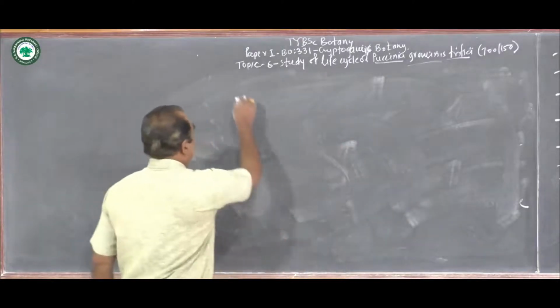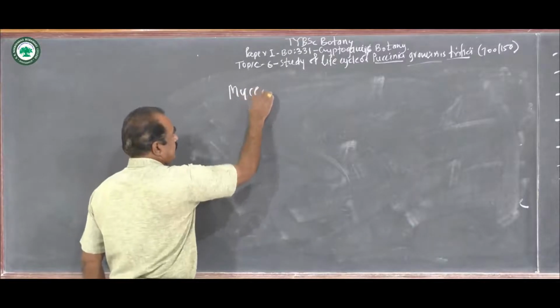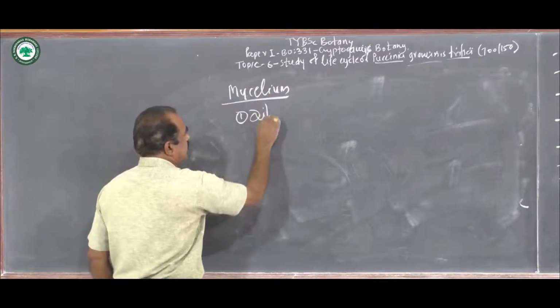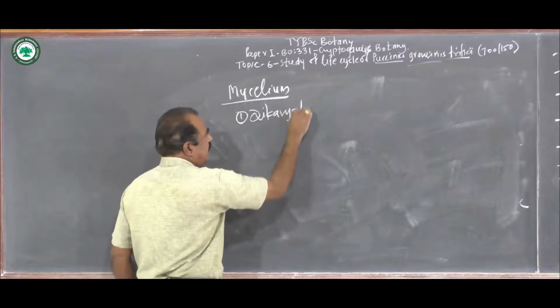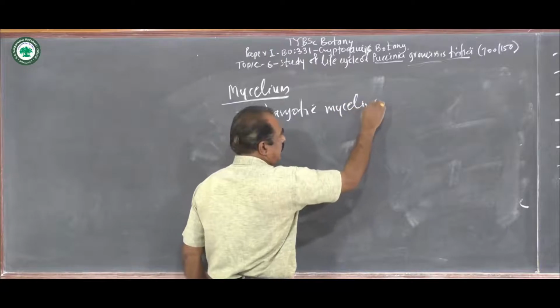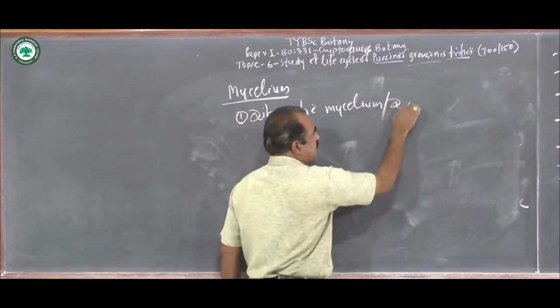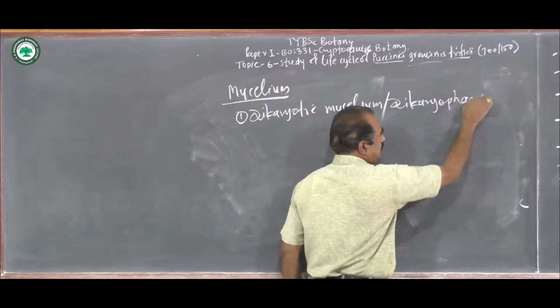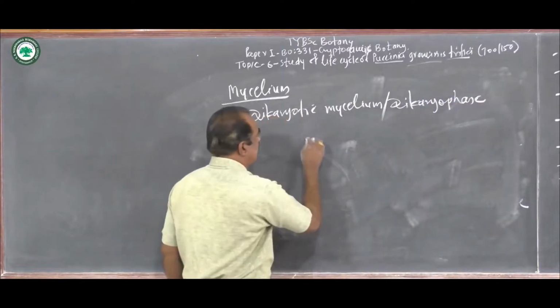So mycelium number 1, dikaryophase, dikaryotic mycelium. And the mycelium is like this.